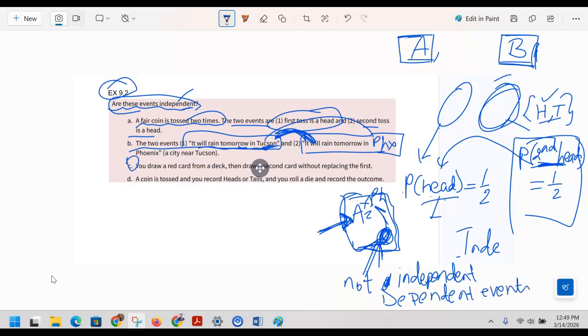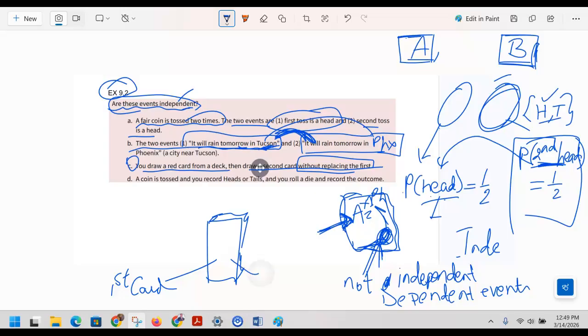And the next question is, you draw a red card, then draw a second card without replacement. The words without replacement are very important. So this is the deck of cards, and you pull the first card, and then you pull the second card. Because you're not replacing the first one, it is taken out and stays out.